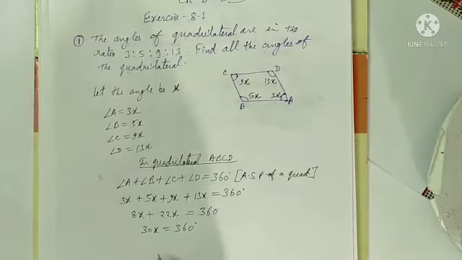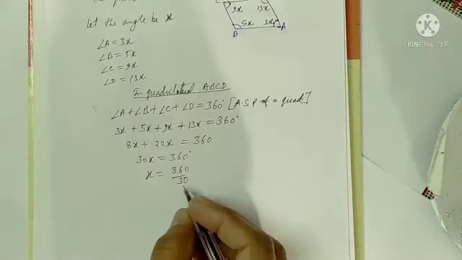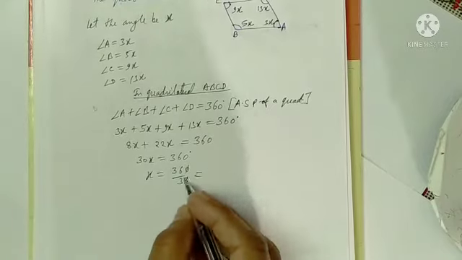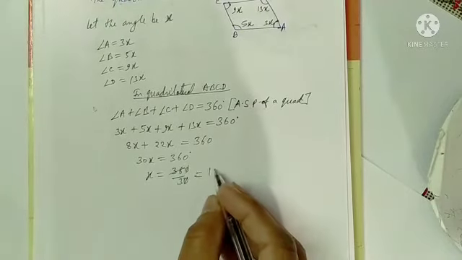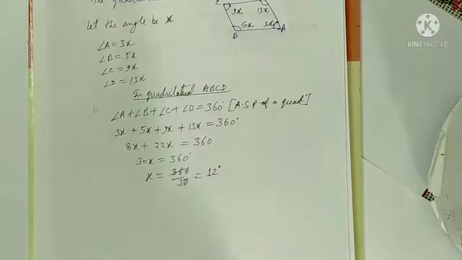Now 30 will go down to divide 360. Then 360 upon 30. If you divide 360 by 30, the 0 cancels, and 3 times 1 is 3, 3 times 2 is 6, so 12 degrees. We got the value of x as 12 degrees.